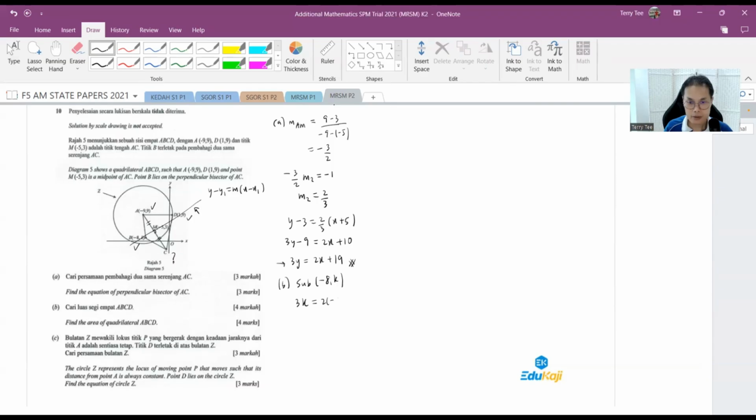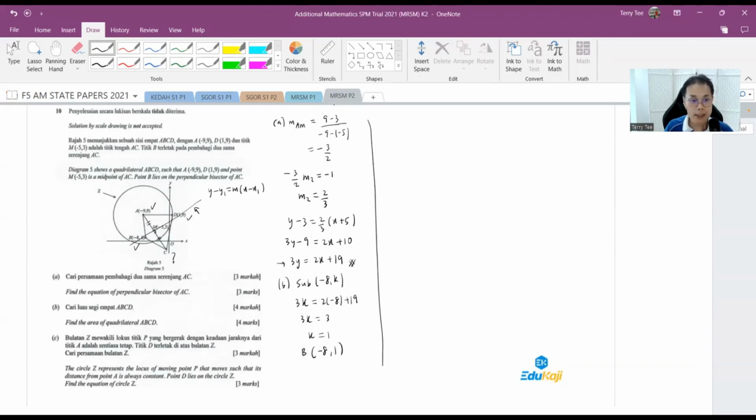My X is now -8. So this is -16 plus 19, which gives us 3, and my K is just 1. So your coordinate point B is -8, 1.